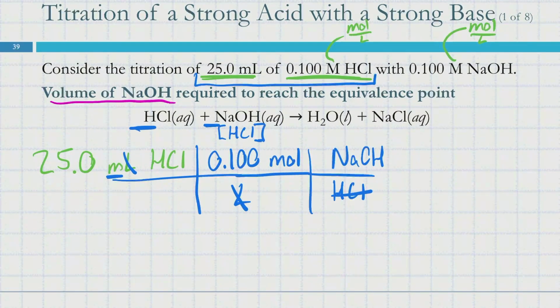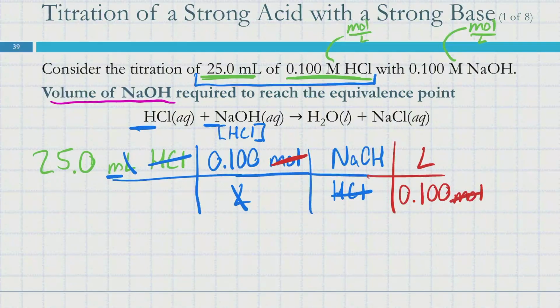Okay, so our HCl's cancel. We now have millimoles of sodium hydroxide, and we're given the concentration of the sodium hydroxide, so we can implement that now. We're going to divide by that concentration, since that'll put the moles on the bottom and the liters on top.